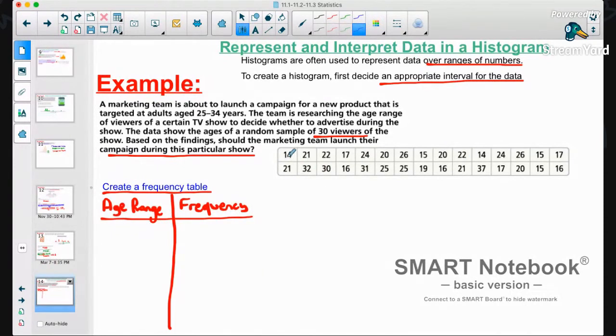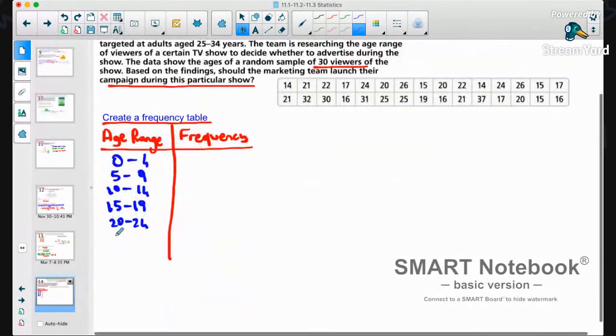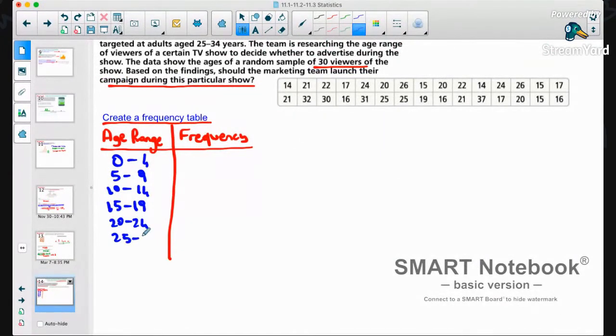Ladies and gentlemen, by looking at these data, I will choose my age range 4 by 4, which means the first range is 0 to 4. The second is 5 to 9. Next is 10 to 14, 15 to 19, 20 to 24, 25 to 29, 30 to 34. This is enough for me.